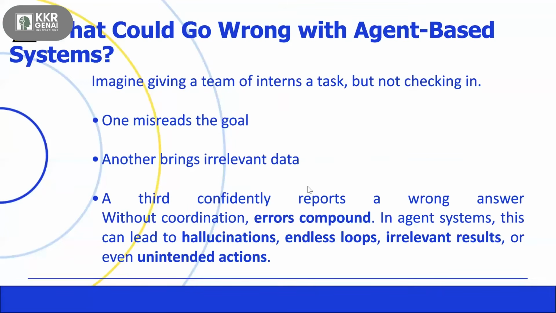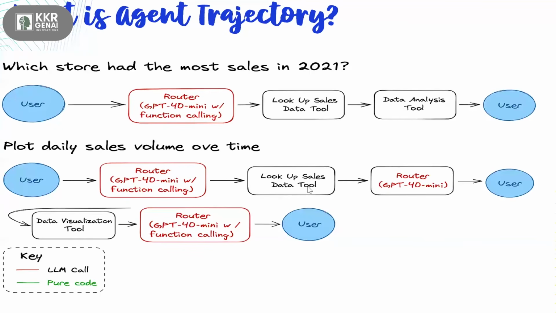This is where we talk about how to trace those kinds of issues: whether the agent is providing accurate information, and whether the router is connecting to the right skill set agent. That is very important, because if instead of the sales data tool it connects to another skill set, the entire results will be different.